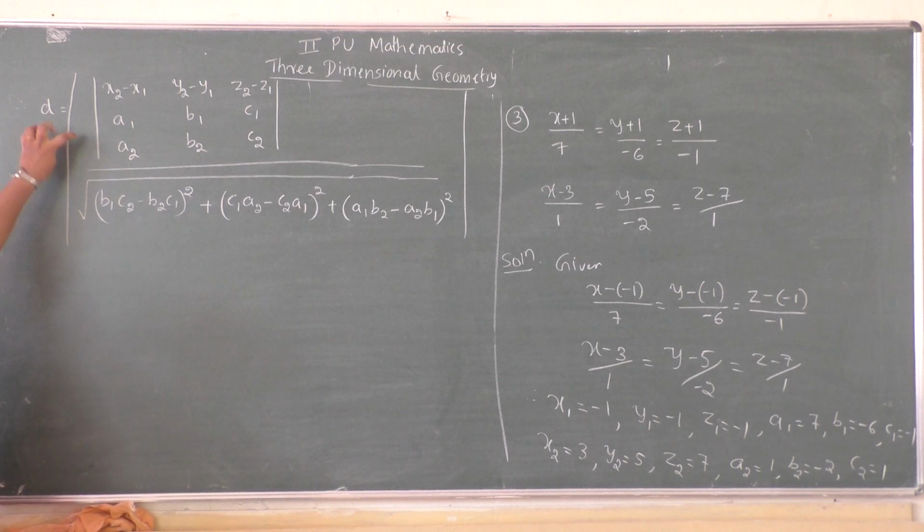So first we will find this determinant value and also this value. Then after simplifying we will get the required answer.